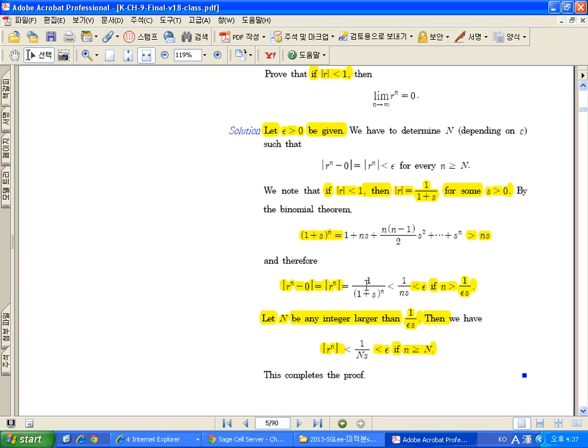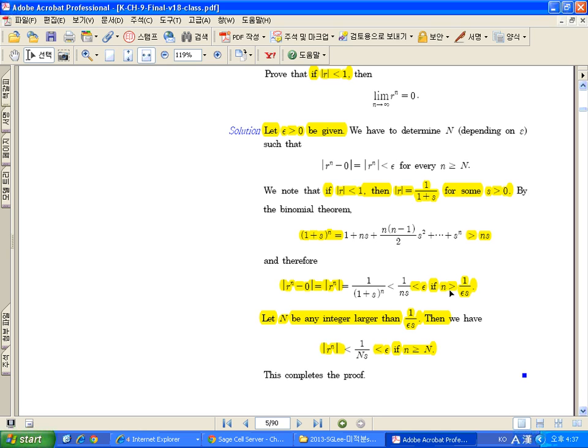So the absolute value of r to the n is less than or equal to 1 over n epsilon. So if we choose the n which is bigger than 1 over epsilon, then we can find these inequalities.